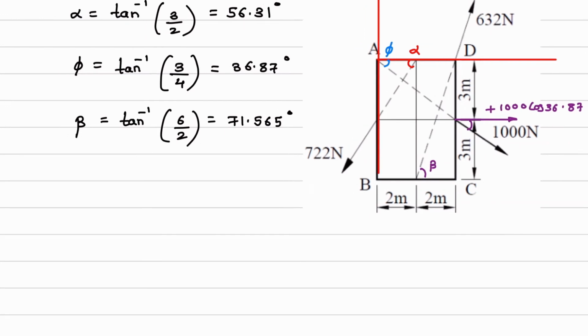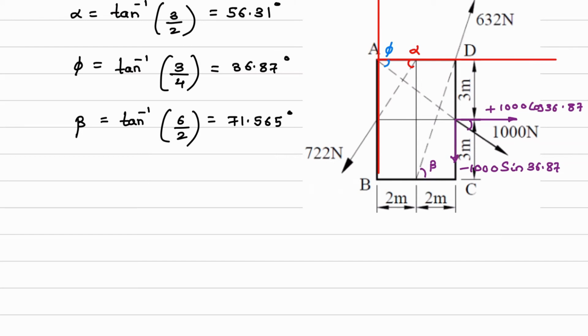Next, the y component of this 1000, it is downward, so minus 1000 sin 36.87.